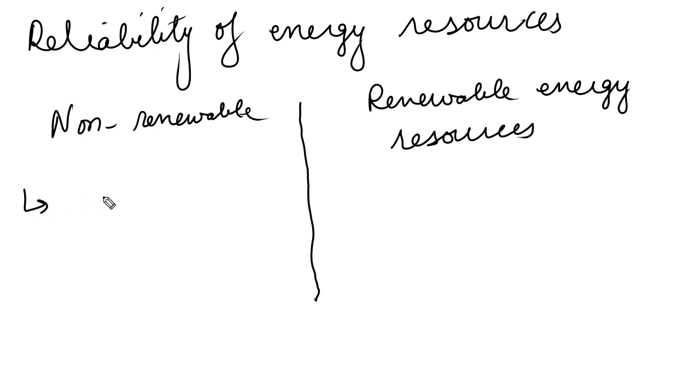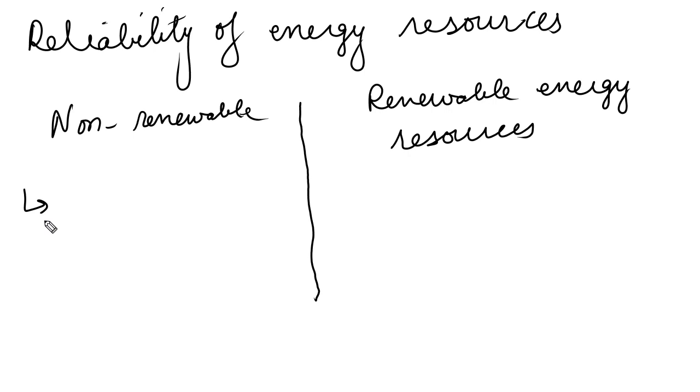Renewable energy resources are not much reliable because in case of wind, water waves, or the hydroelectricity, we are dependent on the wind. If the wind is faster, we can generate more energy. If the wind is slower, we will generate less energy. Same is the case of the tides. If the tides are high, then we can generate enough energy.